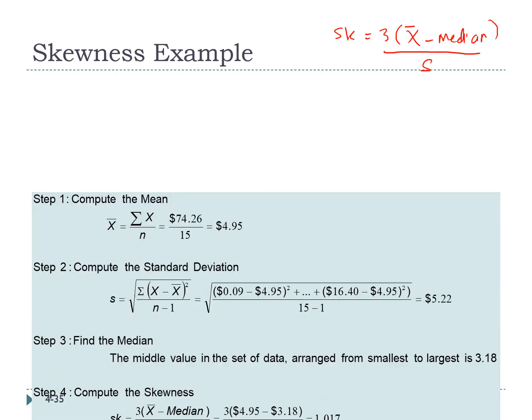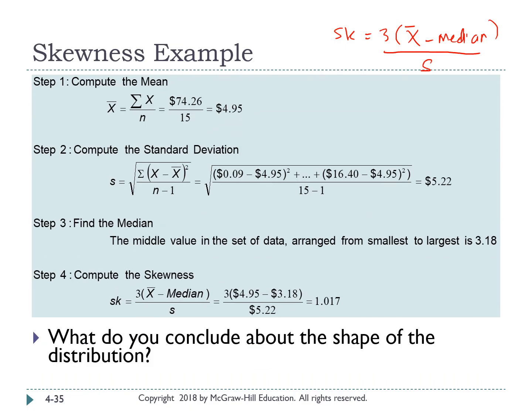So the first step to find the skewness is to compute the mean, because you have x bar here. What is the formula for the mean? Summation of x over n. So you sum all 15 values and divide by the number of companies, which is 15. So you should get a mean equal to 4.95.